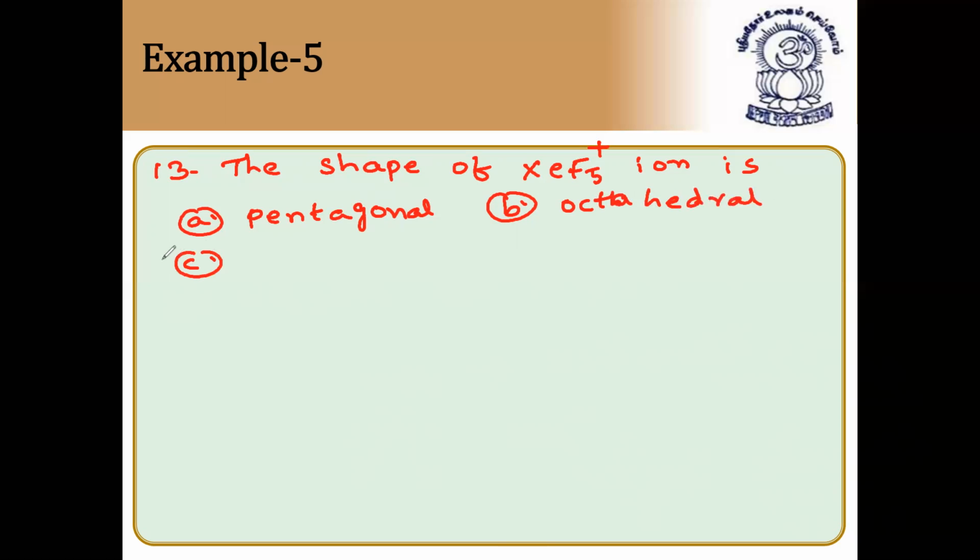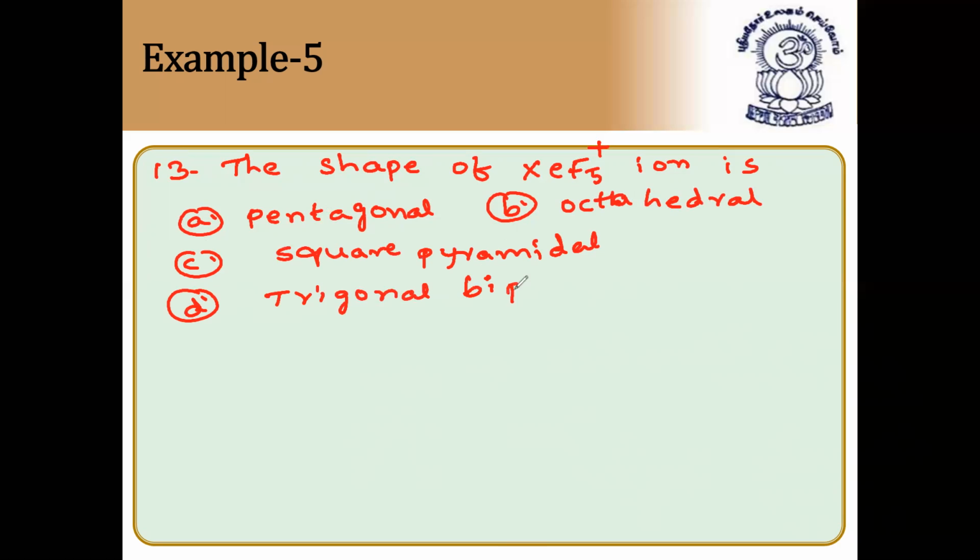Option C, square pyramidal. Option D, trigonal bipyramidal. So in this, what is the answer? We have to check: trigonal bipyramidal, square pyramidal, pentagonal, octahedral. Let us see the shape. So this question is very, very important.